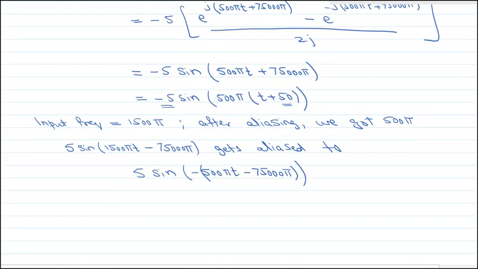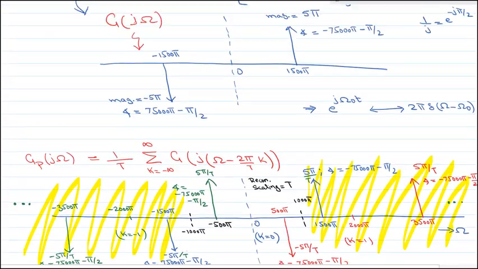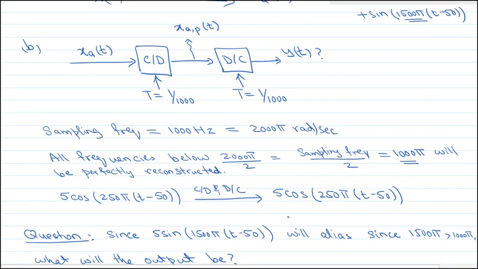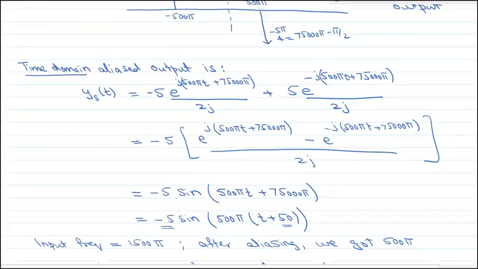So at the end of the day, we get these two expressions. Now we just add the two things. So the output y of t is equal to, for the cosine case, if you remember, when we had the cosine, we got back the cosine, and we only had the aliasing due to the sine.